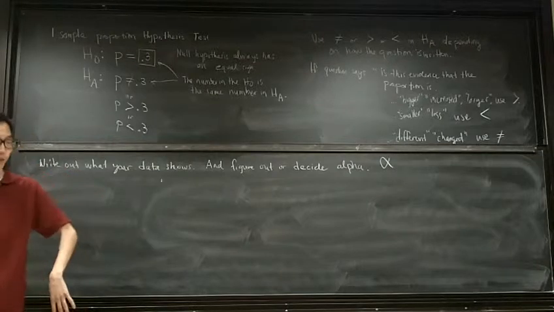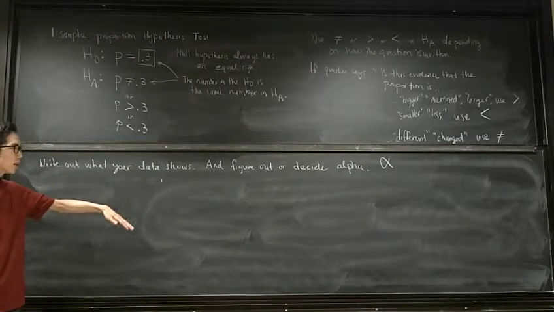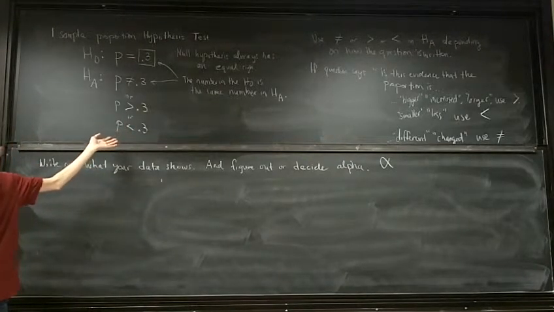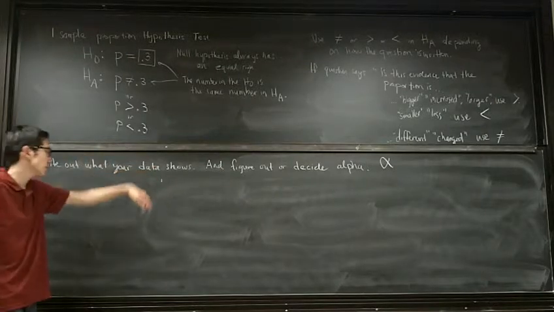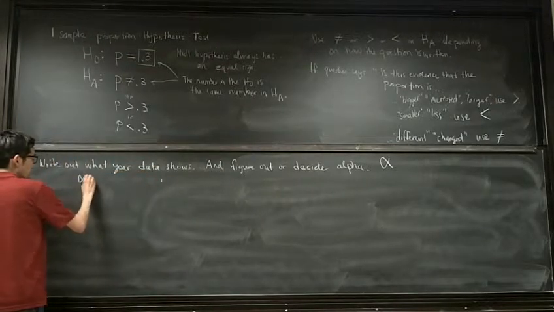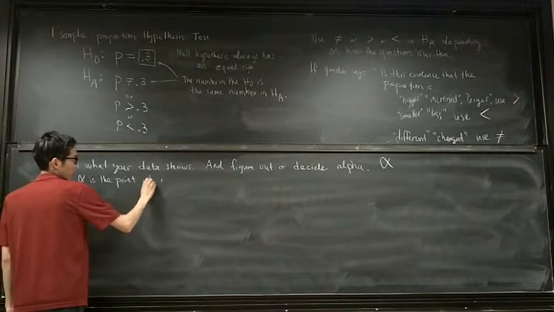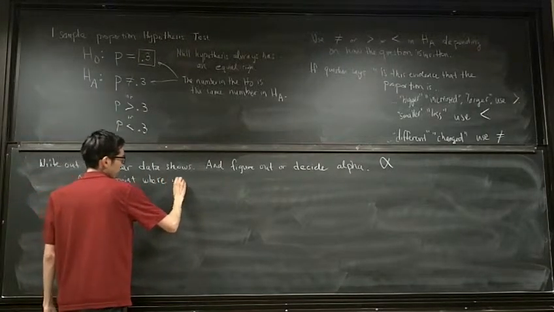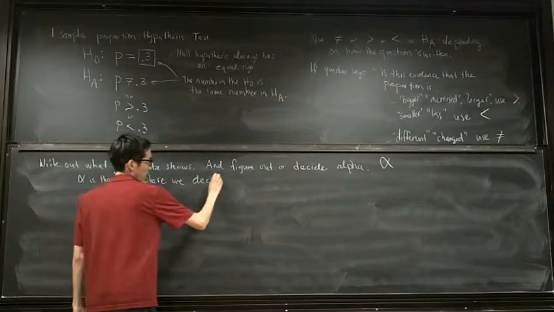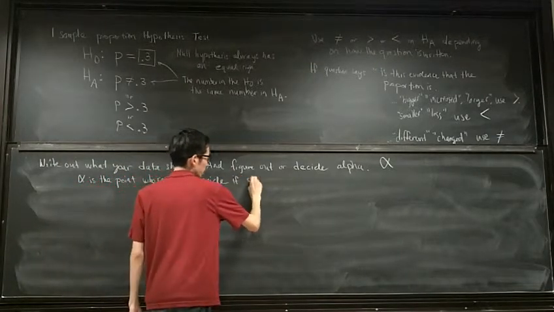But if the probability is not small, we can't reject the null hypothesis. So alpha is the point where we decide if something is smaller.